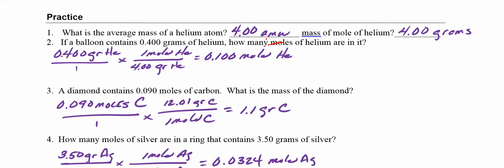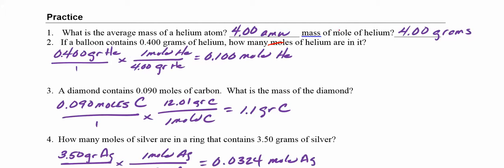If I were to hold one atom of helium in my hand, it would have this mass, 4.00 atomic mass units. I got that number, by the way, by looking at the upper right-hand corner of the periodic table. If you want to go to 3 numbers after the decimal, it would be 4.003, but 4.00 is just fine for us for now.